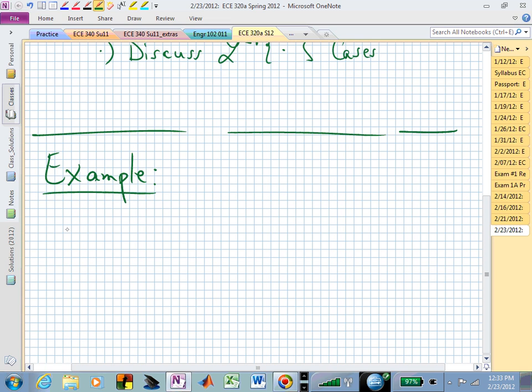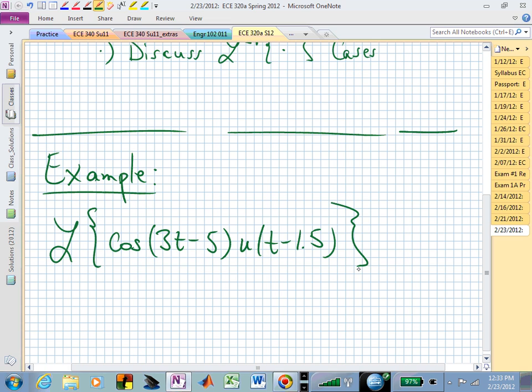Suppose somebody wants to Laplace transform cosine(3t − 5) u(t − 1.5), and they want to call that F(s). The first thing you probably want to do is work with the argument of your cosine waveform and see if you can relate that to the delay, because the delay in your unit step is exactly 1.5.